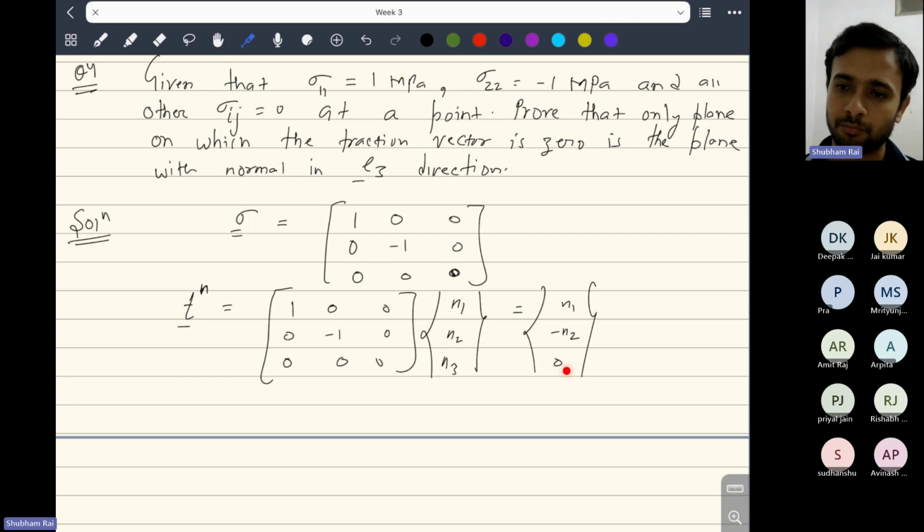And on a plane with plane normal E3, this will be 0, 0, 1, so n1 is 0, n2 is 0, and it doesn't matter what the value of n3 is. For all values of n3, it's going to be 0. So all three components will be 0 in case your plane has plane normal E3.